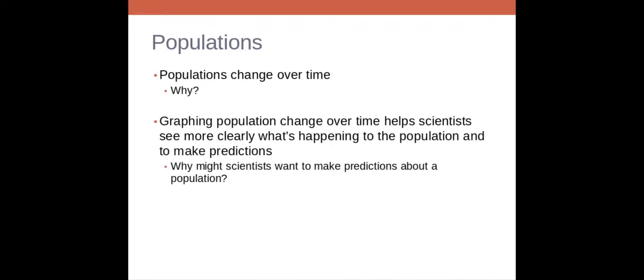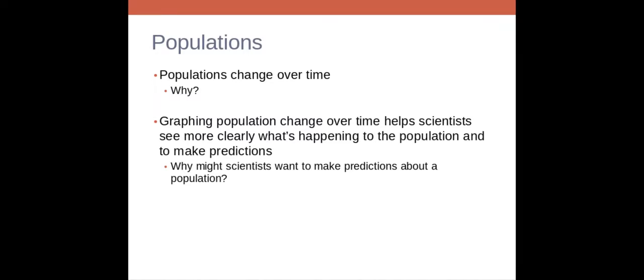Now we know that populations change over time. What are some things that you think can cause a population to change over time? Think about that one for a second. And in ecology, graphing population change over time helps scientists to see more clearly what's happening to the population and to make predictions.